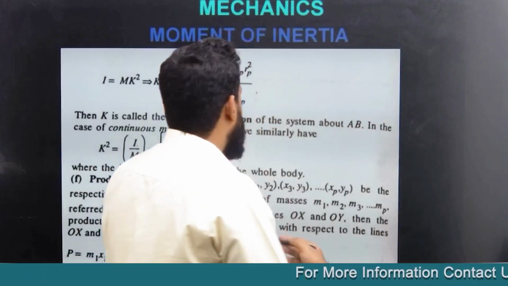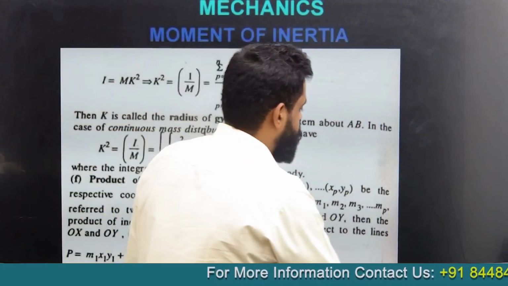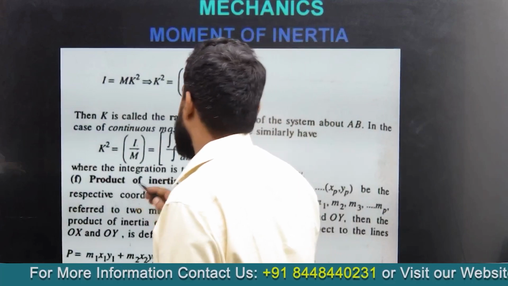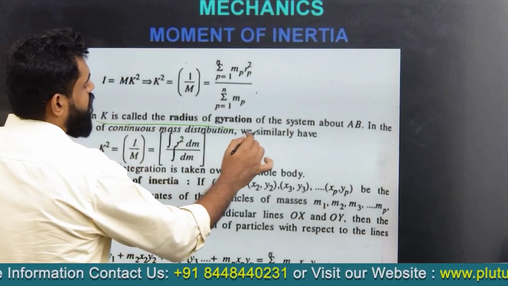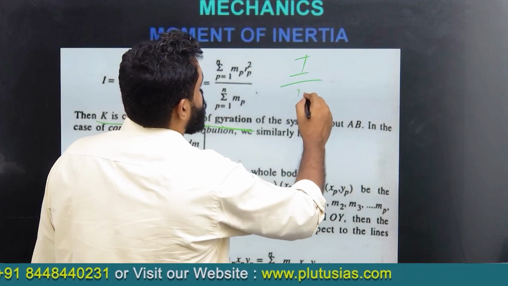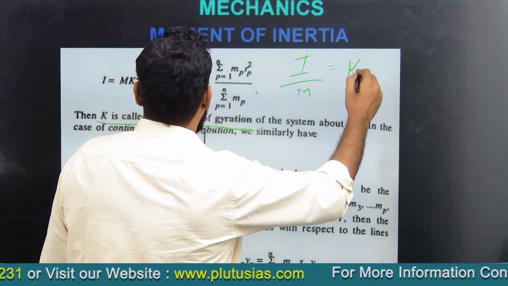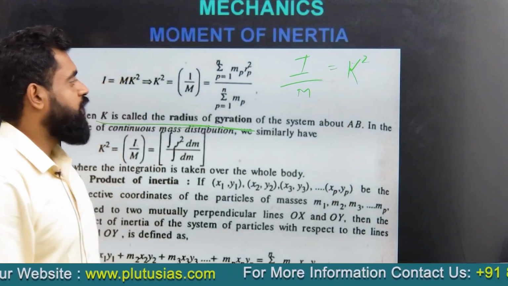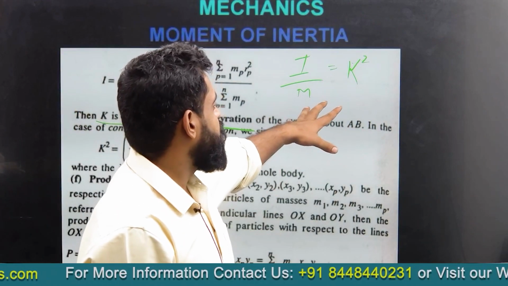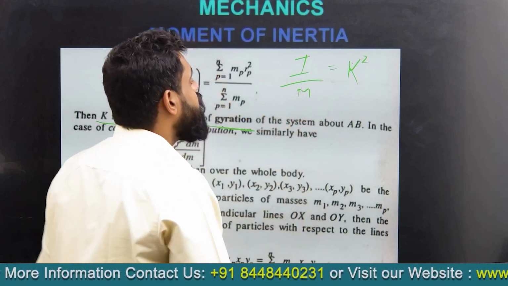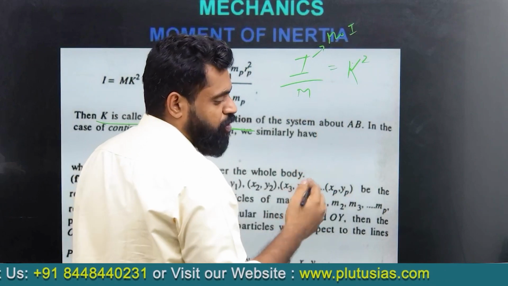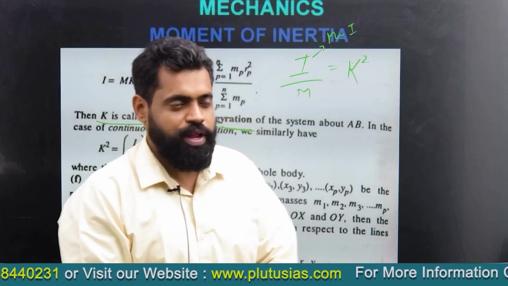So now we understand the radius of gyration. Suppose k is called the radius of gyration, then k square is equal to I upon m, where I is the moment of inertia, MOI, and m is the mass of the body, of continuous mass, anything.